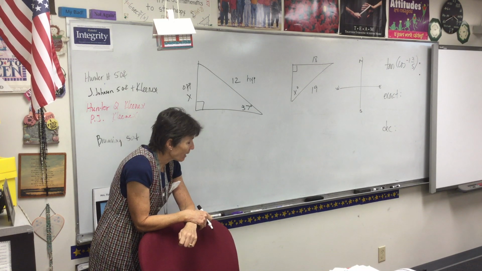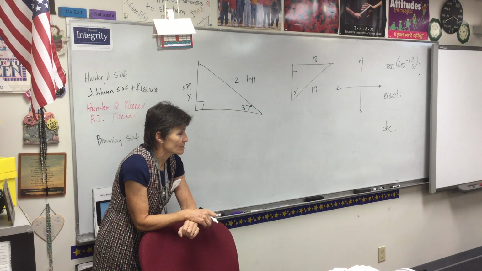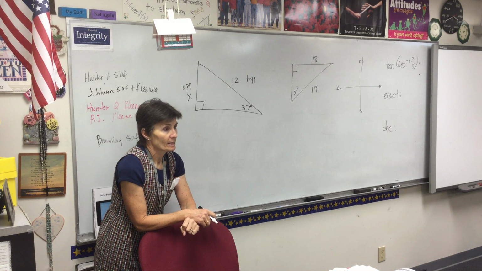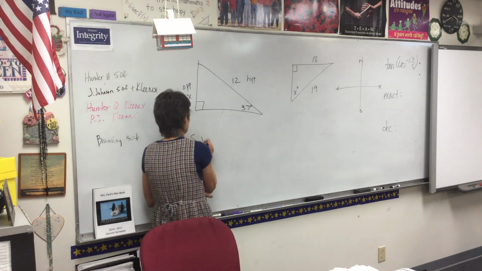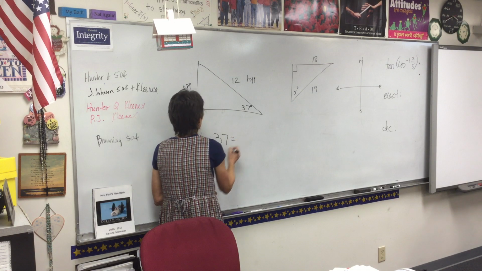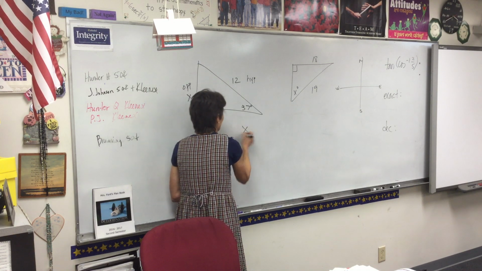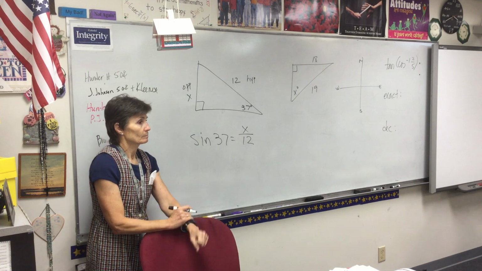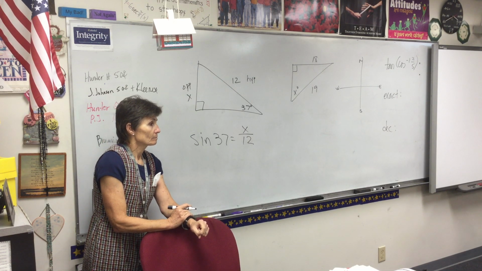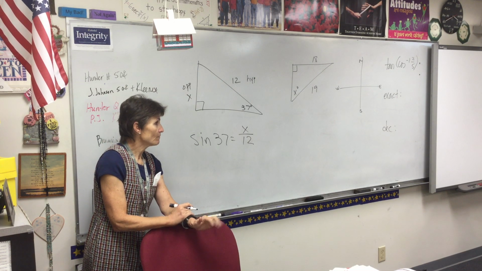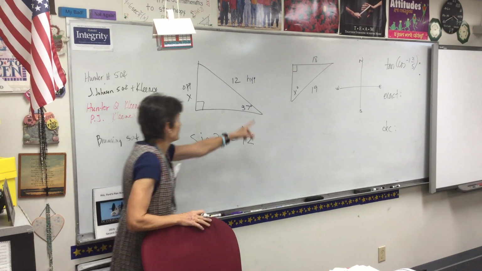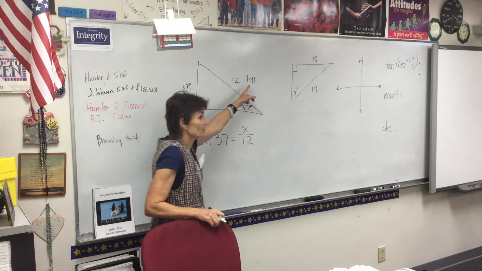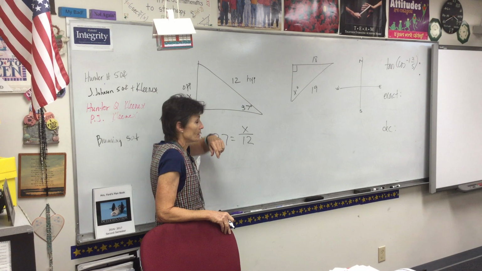Because if you have an opposite and hypotenuse, then you know what? It's sine. So you're going to say sine 37 equals opposite over hypotenuse. No confusion. Can't be any confusion. It's opposite and hypotenuse. That's sine.